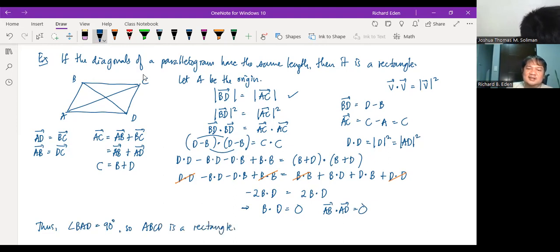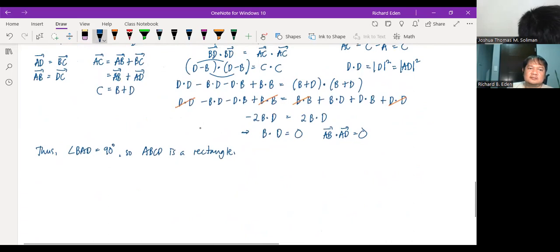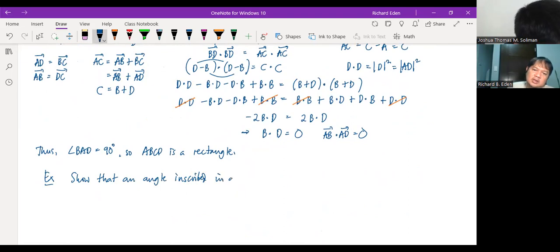All right. Okay. Another example. Show that an angle inscribed in a semicircle is 90 degrees.